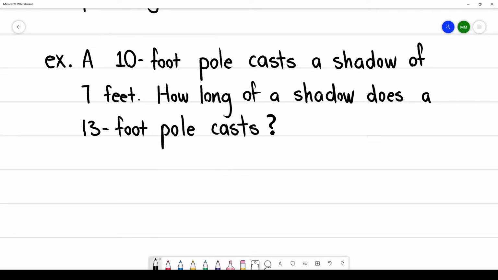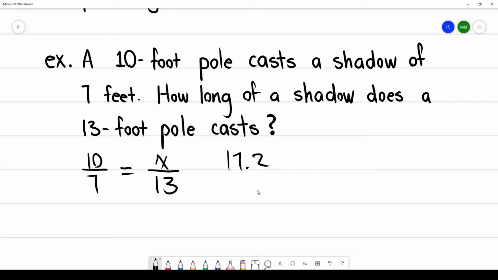Oh, I see. So for Chloe and Nobel, 9.1 is the correct answer. And Emma, I think you just got a little bit mixed up, but that's okay. So you did 10 over 7 is equal to X over 13, and that will give you around 17.2.